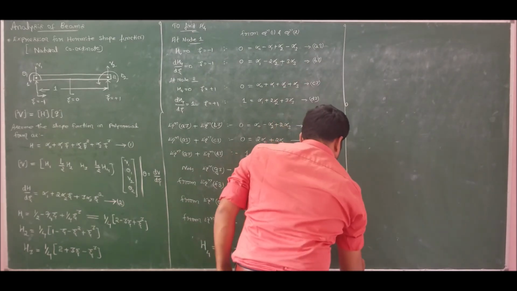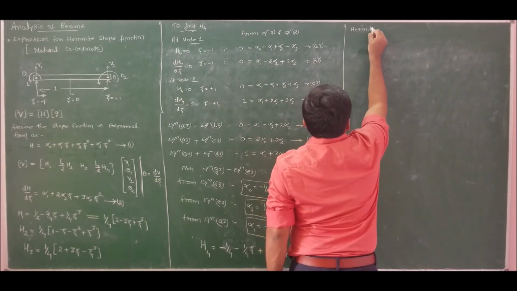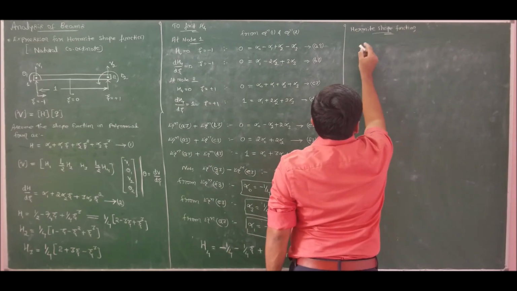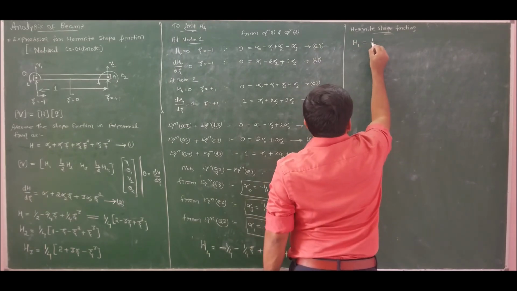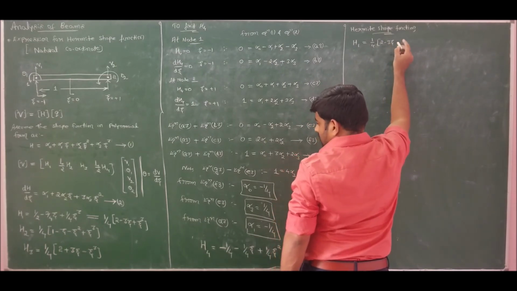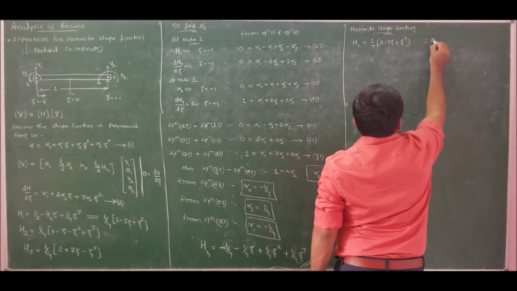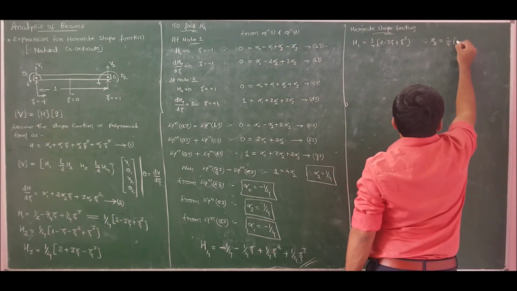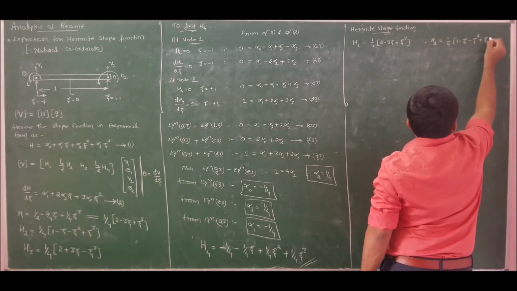So therefore the value of Hermite shape function H1 is 1 by 4 of 2 minus 3 zeta plus zeta cube. H2 will be 1 by 4 of 1 minus zeta square plus zeta cube.